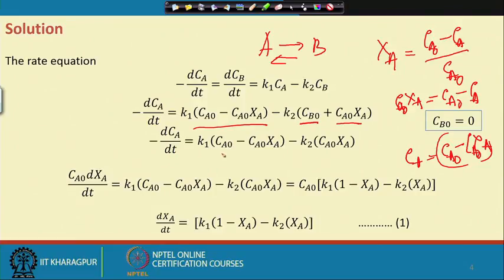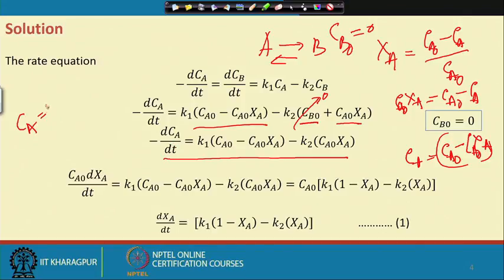In this problem we have mentioned that Cb0 equals 0 at time 0. So if it is 0, then this equation can be written in this form. Once you write in this form, then this is Ca. What is Ca?